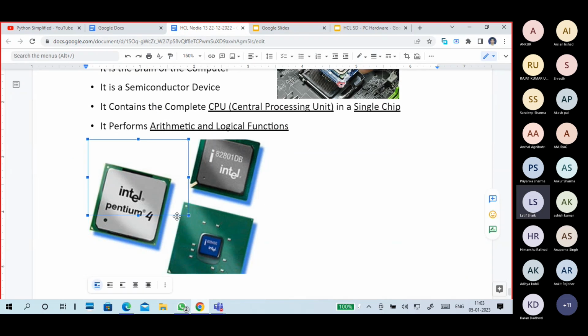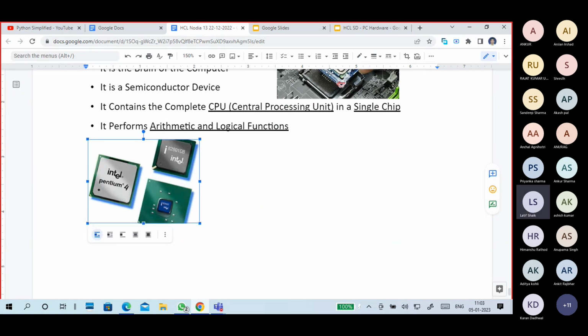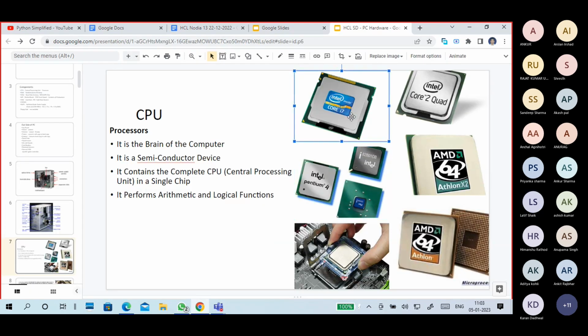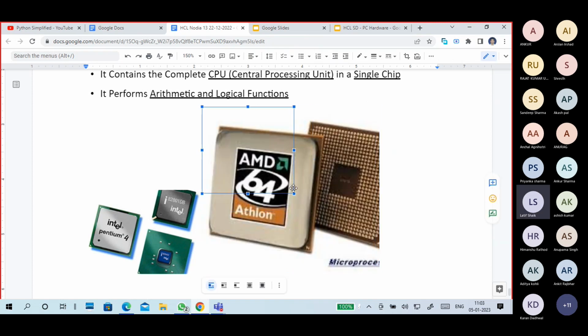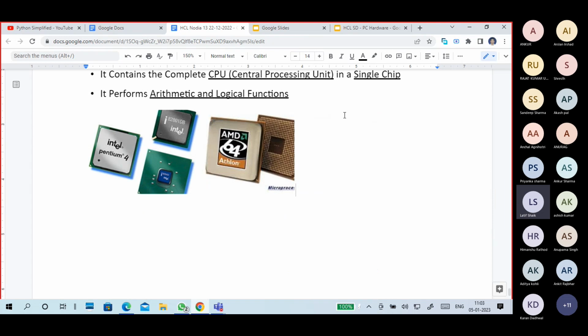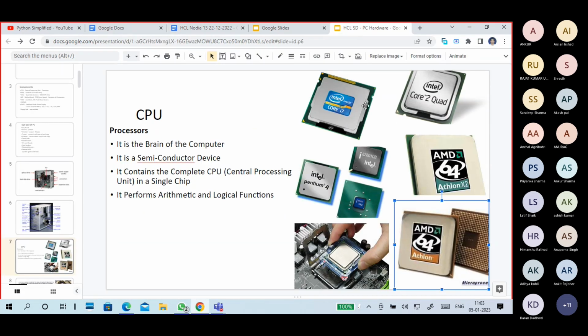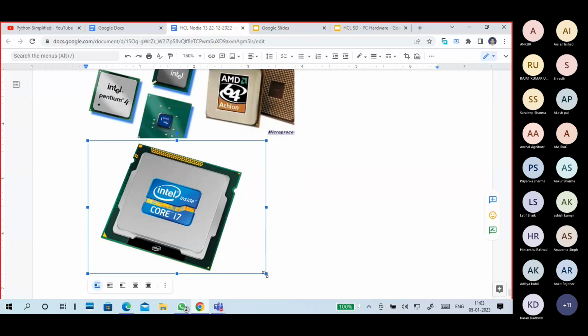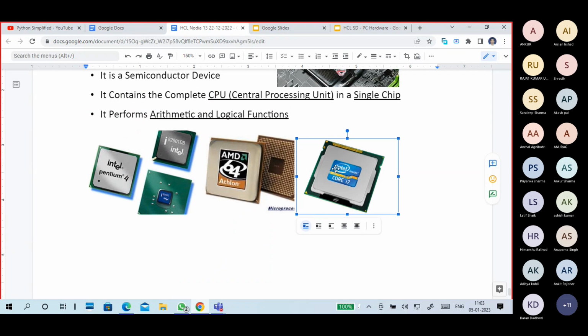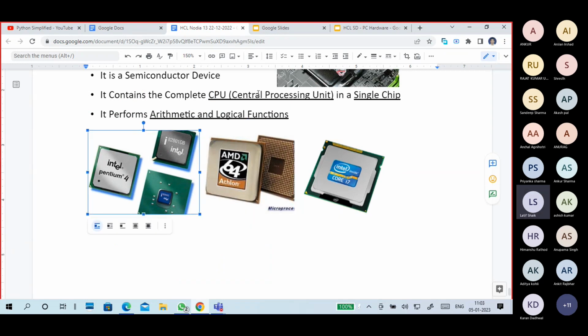There are somewhat old processors, so the look is different. Just to understand the look, that's it. It's not more than that. Just for look purpose only, guys.